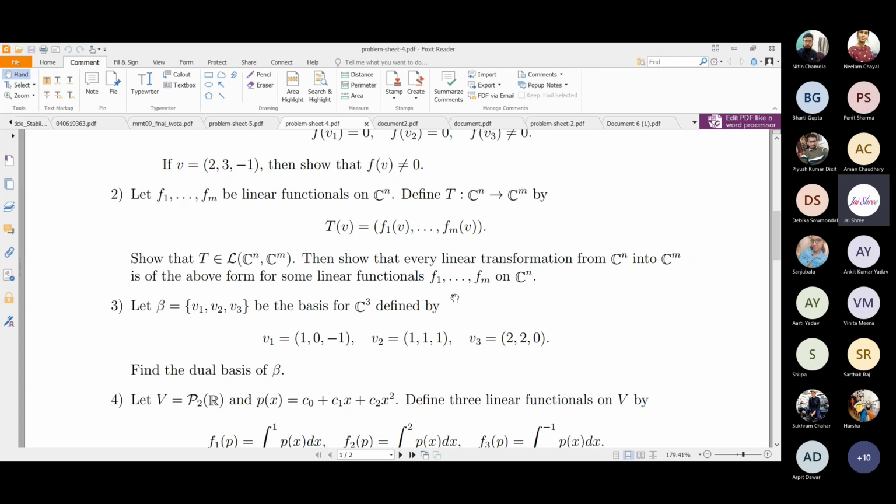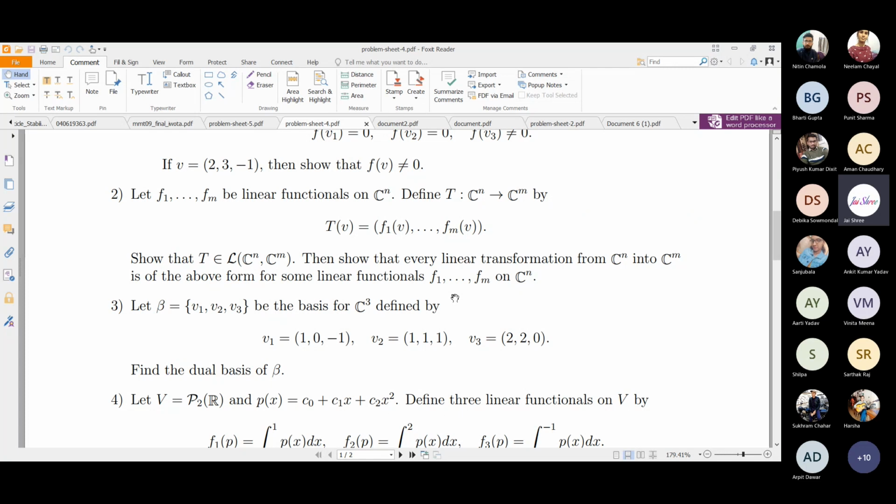So you are saying this Tv is a vector, so very much it is fine that Tv is a vector which is of the form w. We can write it because this w is a vector in Cm, so it is of this form w1 to wm. Because this T is given to you, you have to find the linear functionals f1 to fm corresponding to this linear transformation T, and you have to define these functionals.